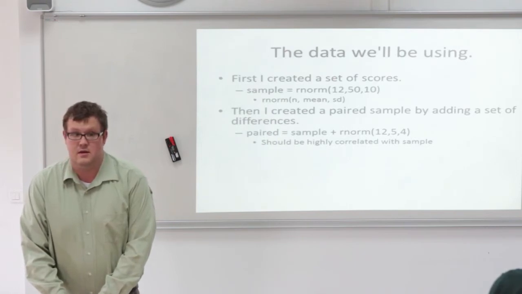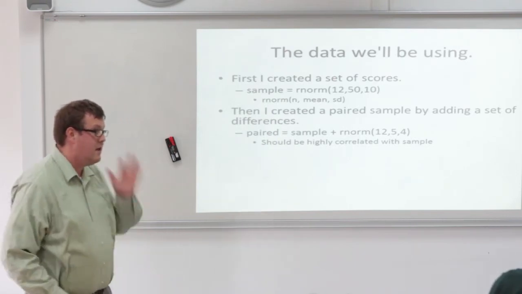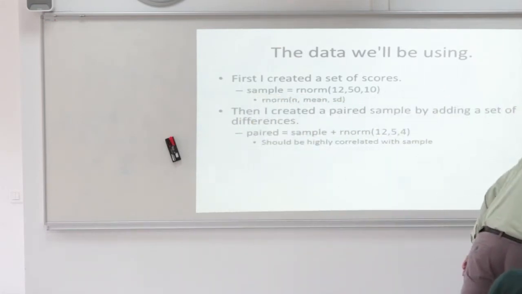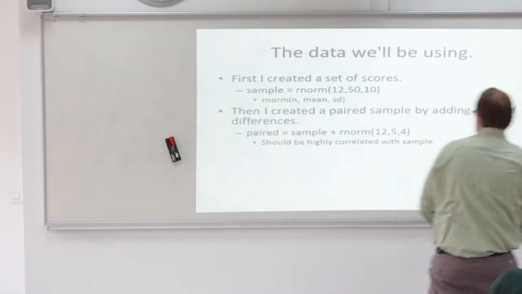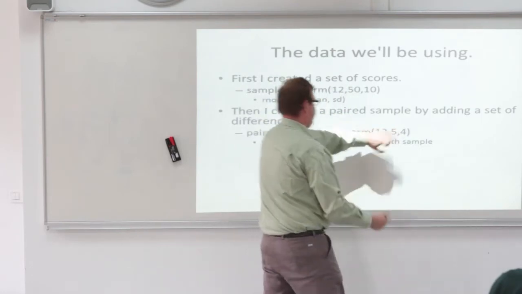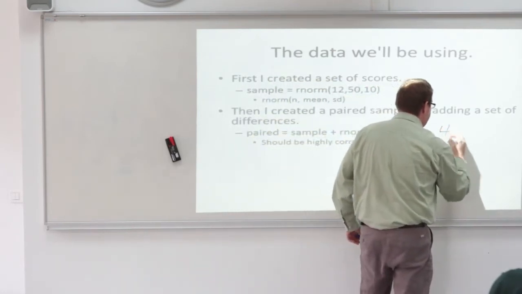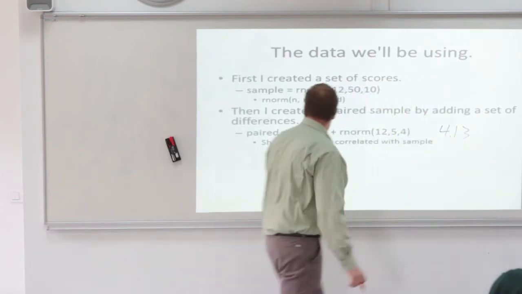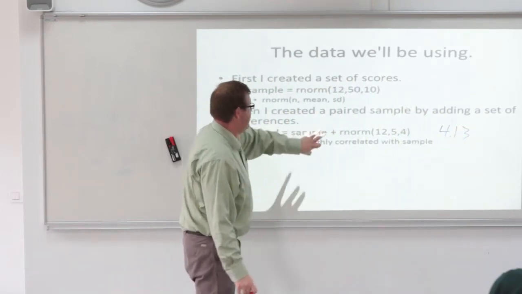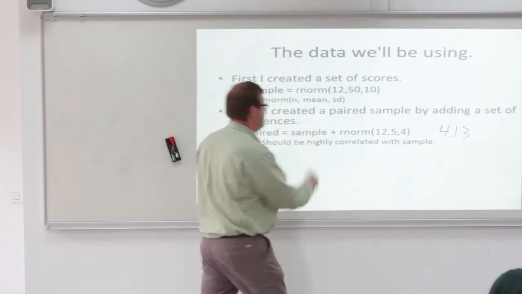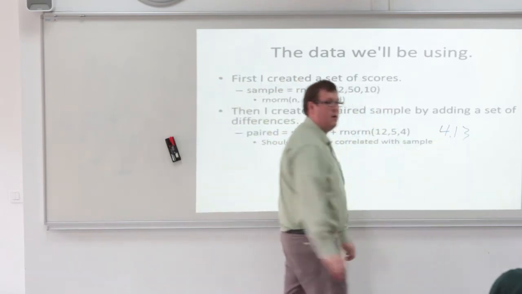Can you give an example with the difference and the first score and the second score? So rnorm with a mean of 5 and 4, let's say we get something like 4.13. So whatever person's score was on the first memory test, their score on the second one would then be that score plus 4.13.